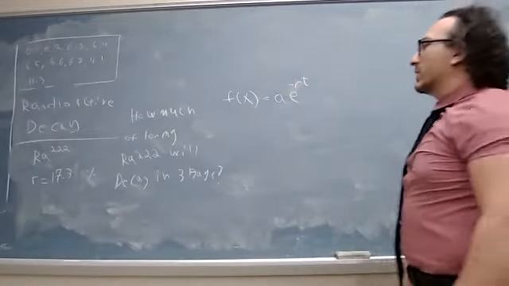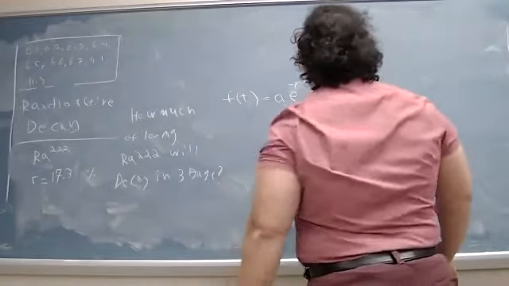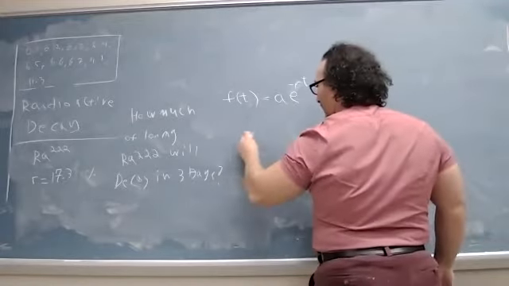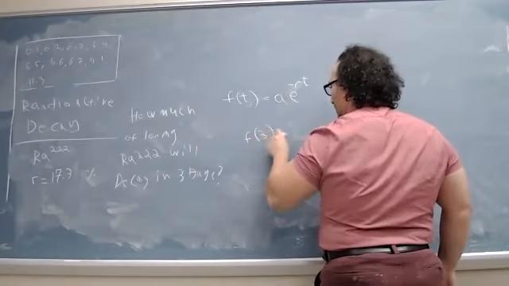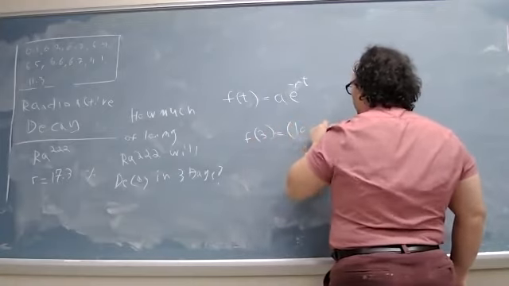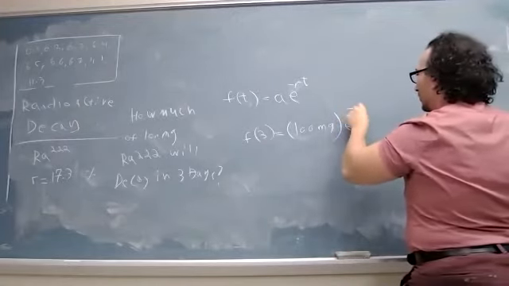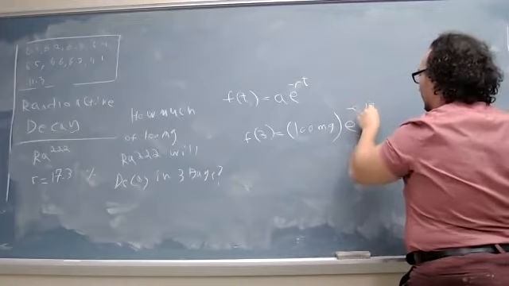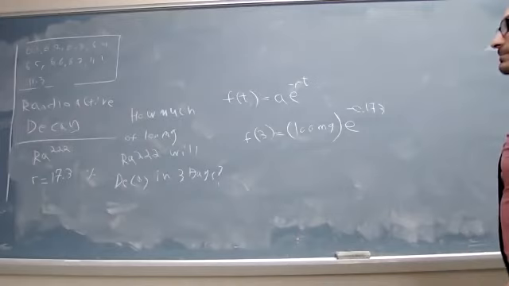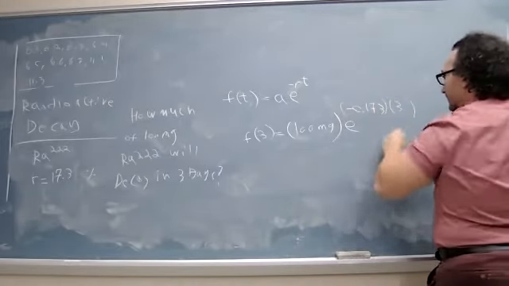So let's talk about the amount that we have, and this needs to be a function of t. Let's talk about the amount that we'll have after 3 days. So F of 3 is going to equal the initial amount that we had, 100 milligrams, times e raised to the negative 0.173, because you move the decimal place over twice, times the amount of days, 3.